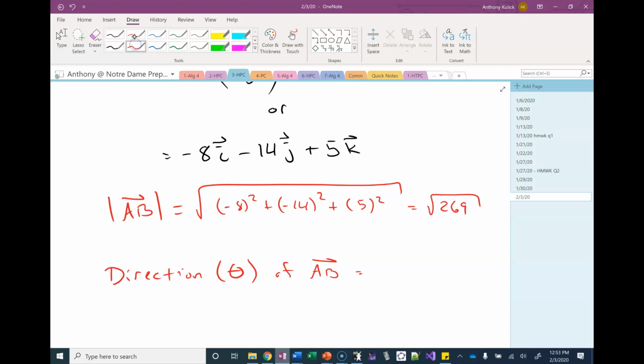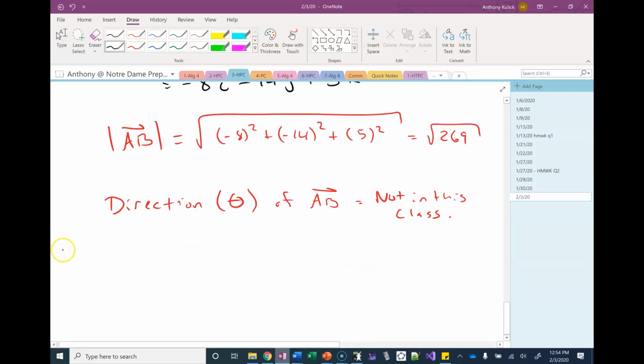We're not going to do this in this class, as it's a non-trivial conversion to go between those 2 different representations. That is a completely different question.